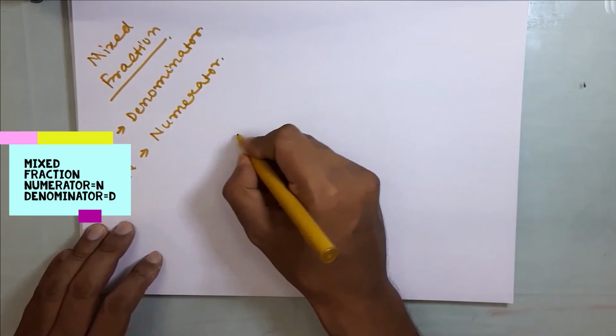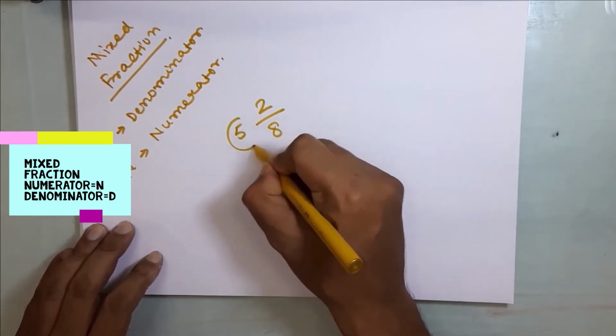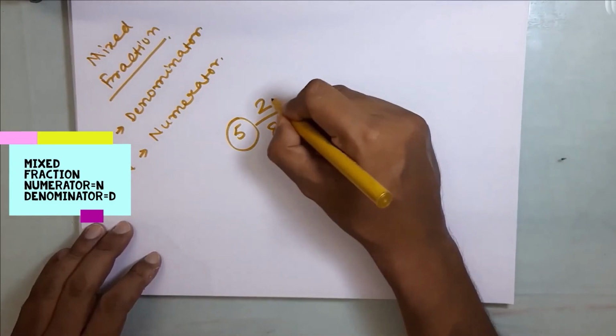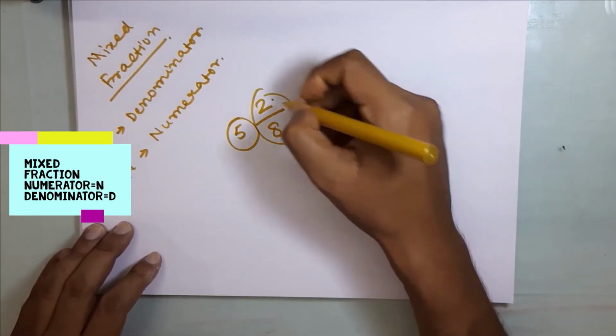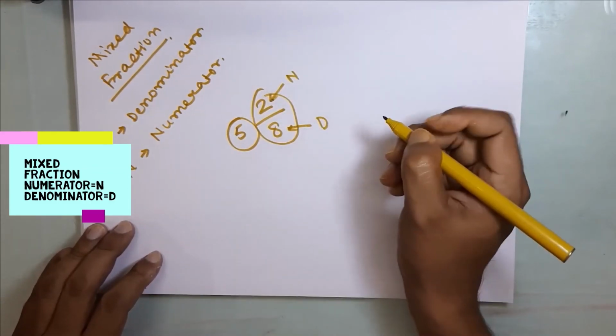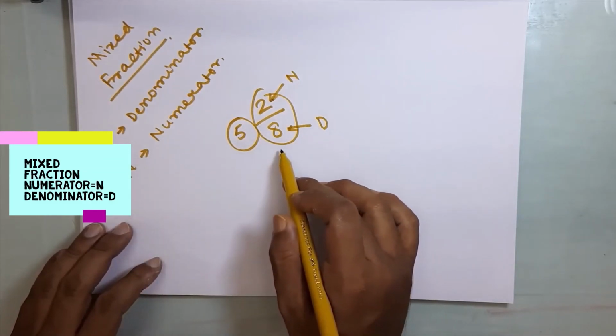Okay, so 5 2 by 8. Now this is a whole number and then we have got a fraction attached to it. So this part is your numerator, this part is your denominator. It can also be represented as an improper fraction.